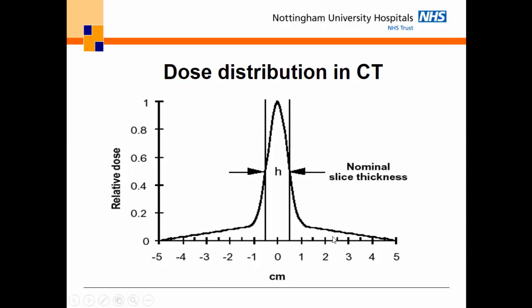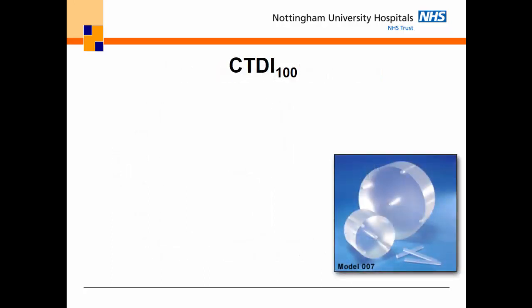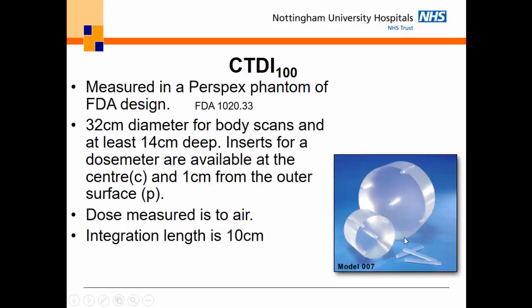And that means that the radiation dosimetry for CT is quite complicated. And really, if you're going to get involved in it, you need a physicist to help you, I would suggest. So how do we measure doses in CT? Okay, well, firstly, the doses that people quote are the doses to these Perspex phantoms defined by the FDA, and typically for an adult patient, it's this 32 centimetre phantom.